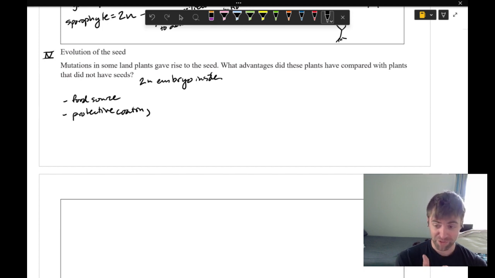It's also quite expensive, right? This food source, this protective coating, these are all energetically very expensive for the plant to produce. So it's a very different kind of reproductive strategy from what existed before, which could have just been millions and millions and millions of gametophytes released into the environment and a few of them persisting and that being enough.